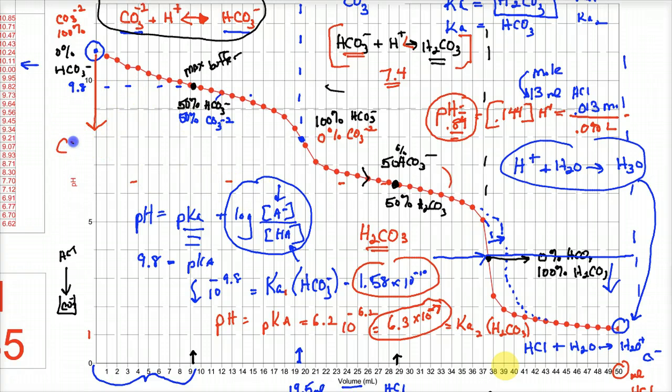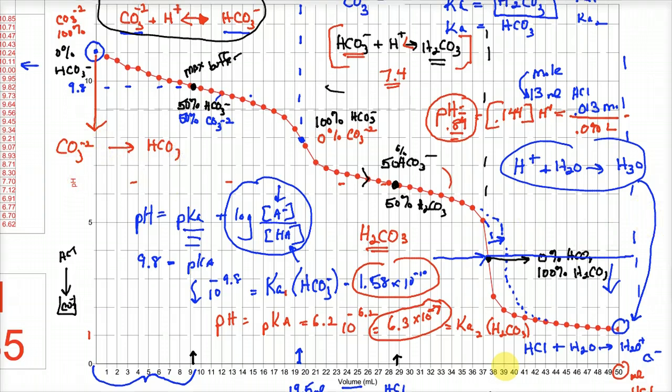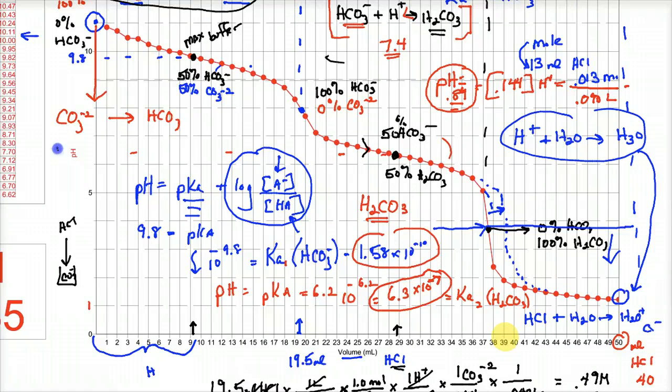We know CO3 2- is going to become HCO3-. We had a concentration of 0.49, and I got that from this, and this is 0. So these are my initials. Here's my ICE table. This is going to be minus X, and this is going to be plus X.